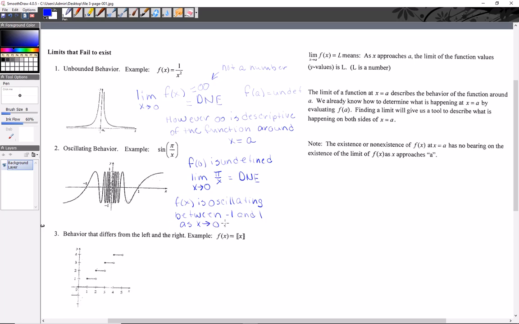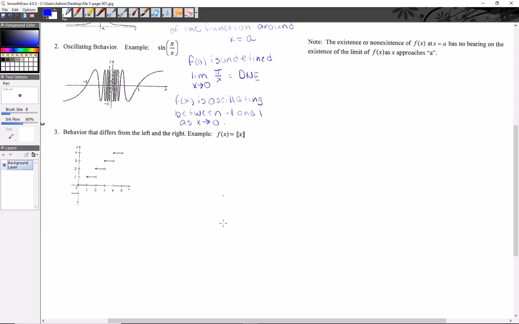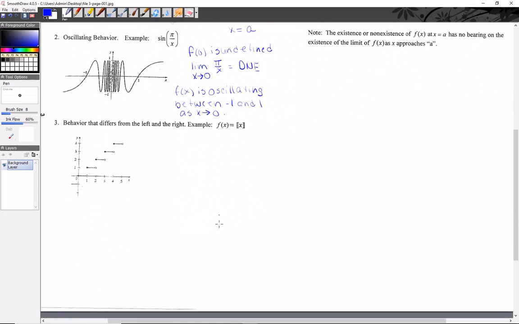All right, so now we've got another thing. This is your greatest integer or step function. And let's just say we want to find the limit of the absolute value of this greatest integer function as x approaches 2. This is going to be that it does not exist.